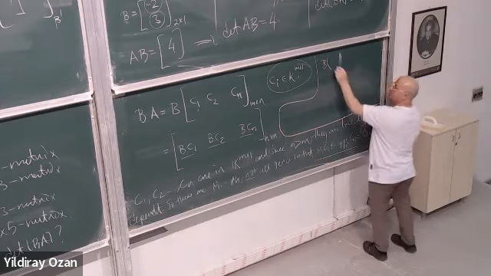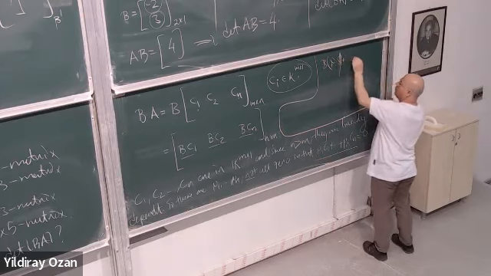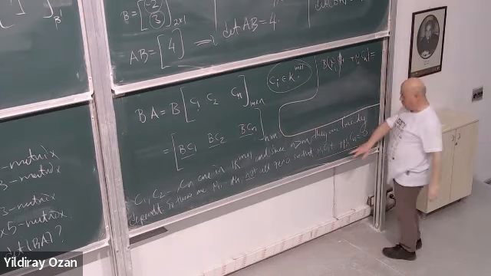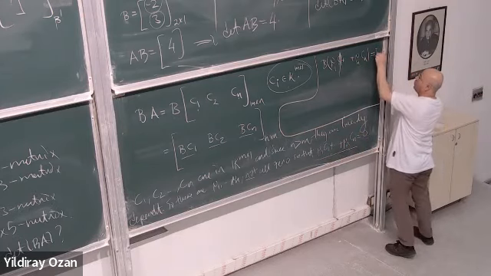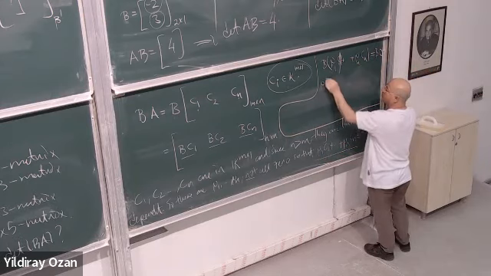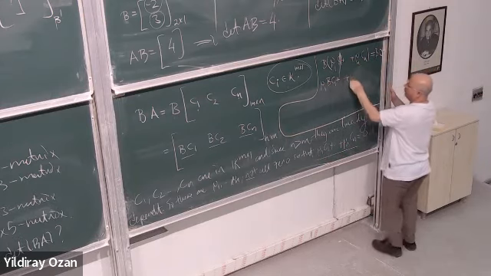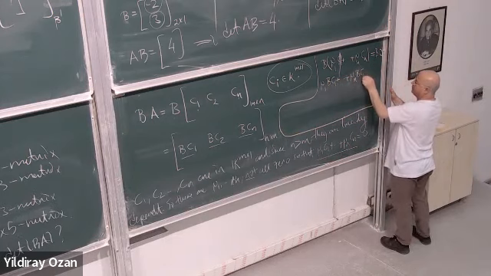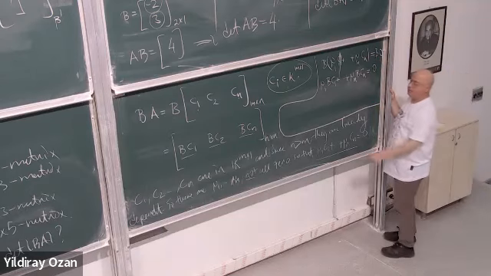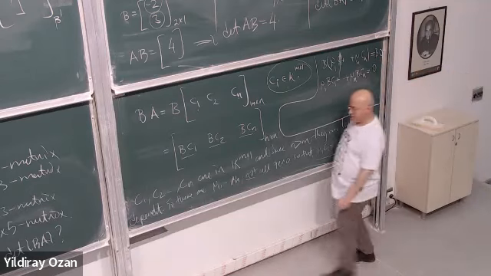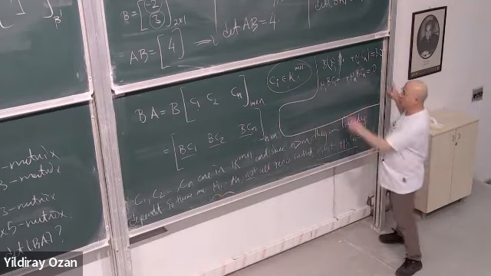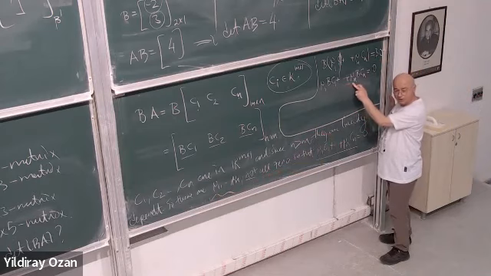B times mu1 C1 plus mu n Cn is equal to B times 0. Well, this is just mu1 B C1 plus mu n B Cn, and B times 0 is still 0. And I know that at least one of these mu i's is not 0 because they are not all 0. So some of these mu i's is not 0.